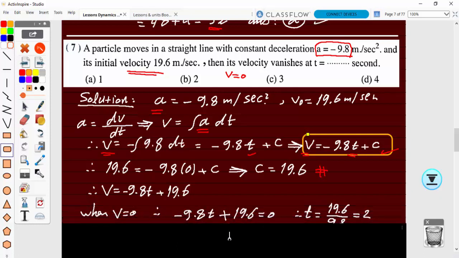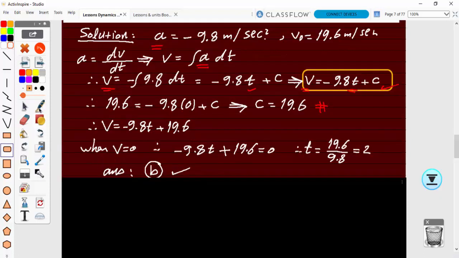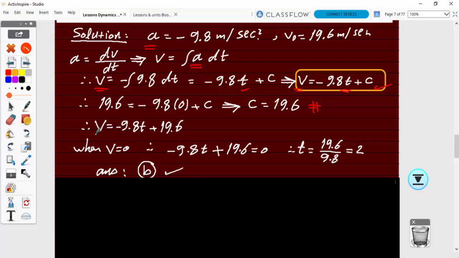What is the required? The required here is to calculate the time when the velocity equals 0. So substituting v equals 0 here. So negative 9.8t plus 19.6 equals 0.